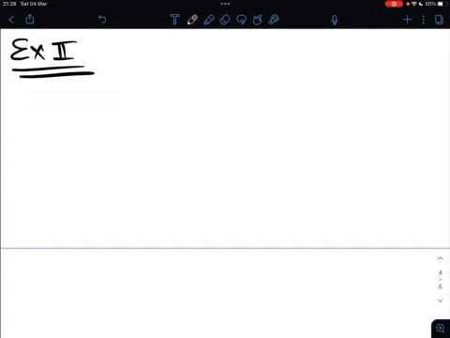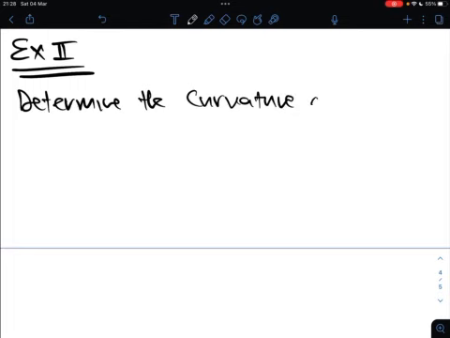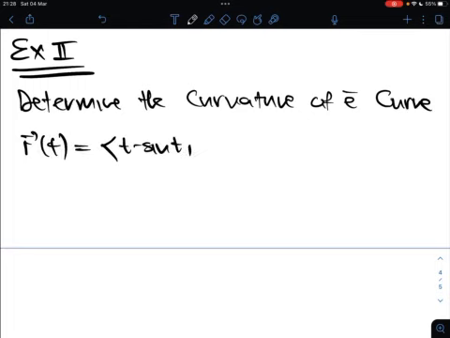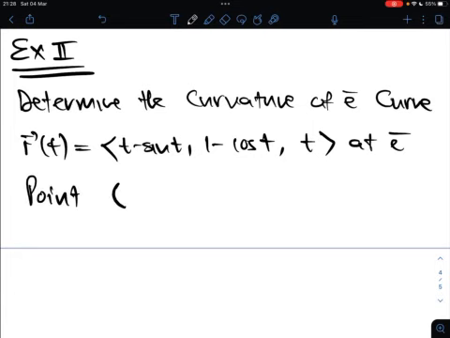What we're given now is: determine the curvature of the curve r of t, which is equal to t minus sine t, 1 minus cos t, and t, at the point root pi over 2 minus 1, 1, pi over 2, like that.